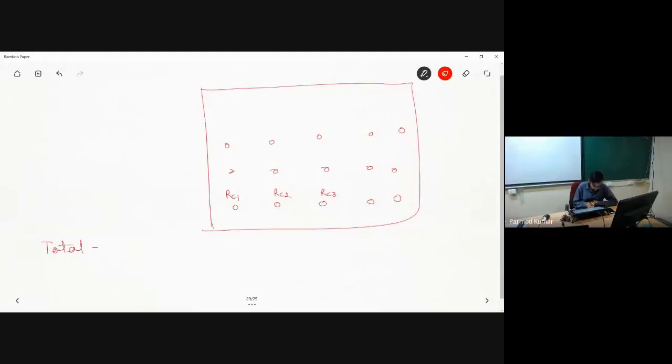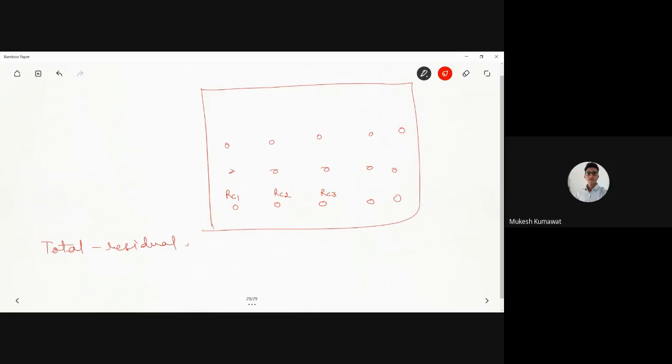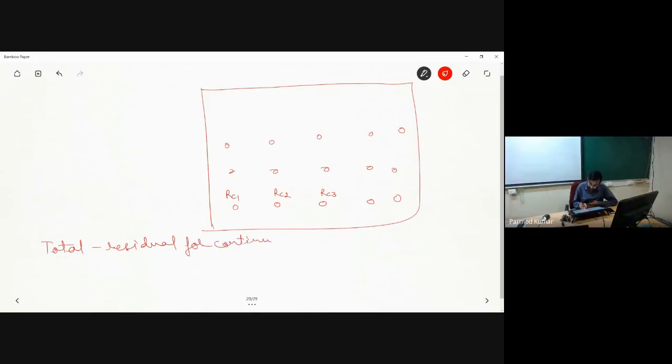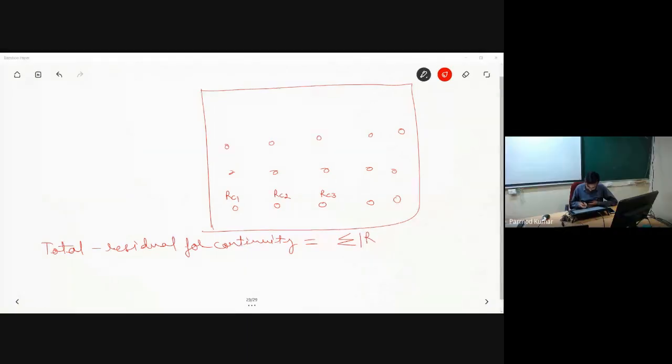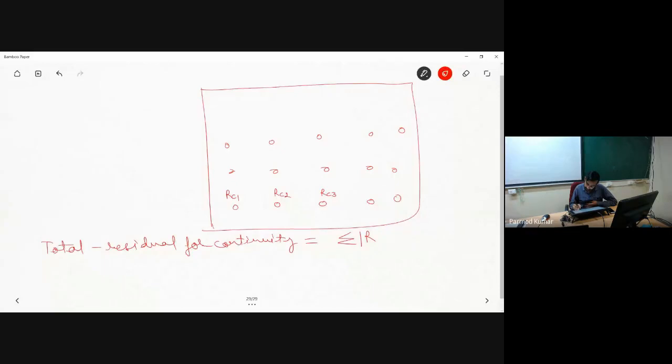So what we do, we calculate total residual for continuity. The total residual for continuity will be nothing but the summation of all the residuals, which becomes the sum of all the absolute residuals.